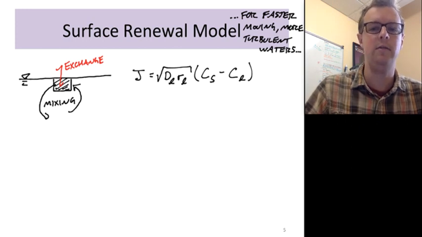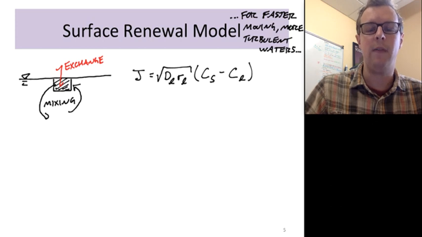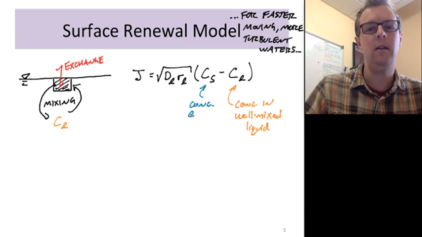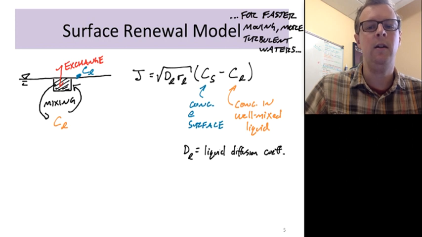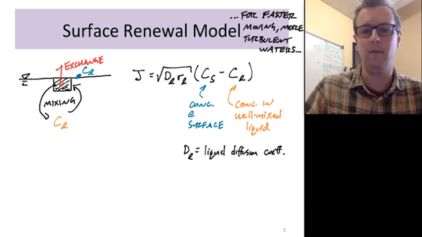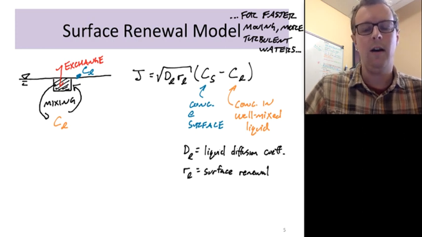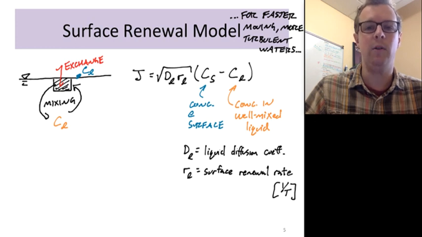So the mathematical description of flux is on the right-hand side here, where the concentration in the well-mixed liquid and the concentration at the surface boundary are both considered. And then that D sub L is a liquid diffusion coefficient, right? So that's proportional to the mixing that we're having in our water. And what's called the surface renewal rate, this R_L, has units of 1 over time.